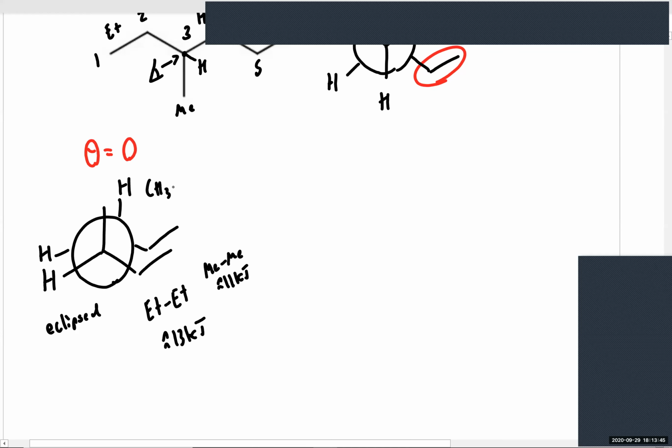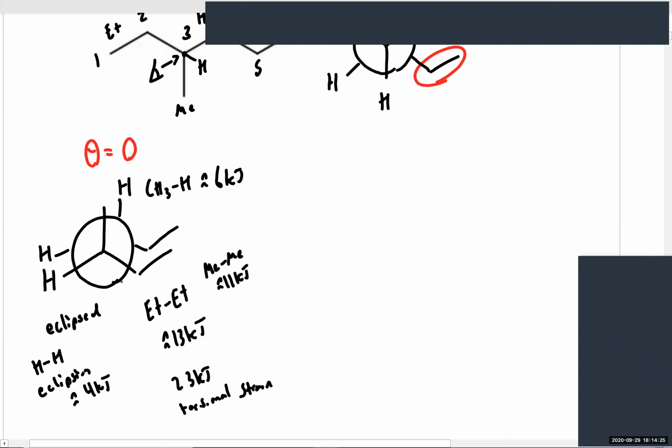We also have a methyl-hydrogen interaction, which costs us how much energy? 6 kilojoules. And then we have a hydrogen-hydrogen eclipsing, which costs us around 4 kilojoules. So as a shortcut, this conformation in total has 23 kilojoules of torsional strain.